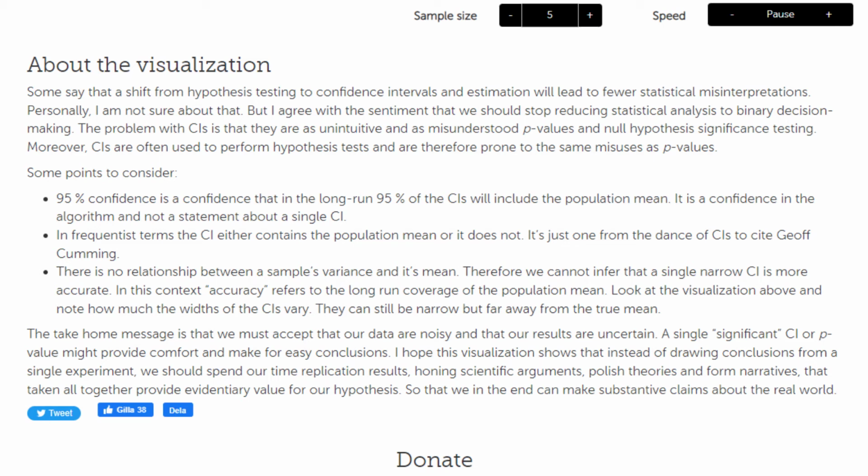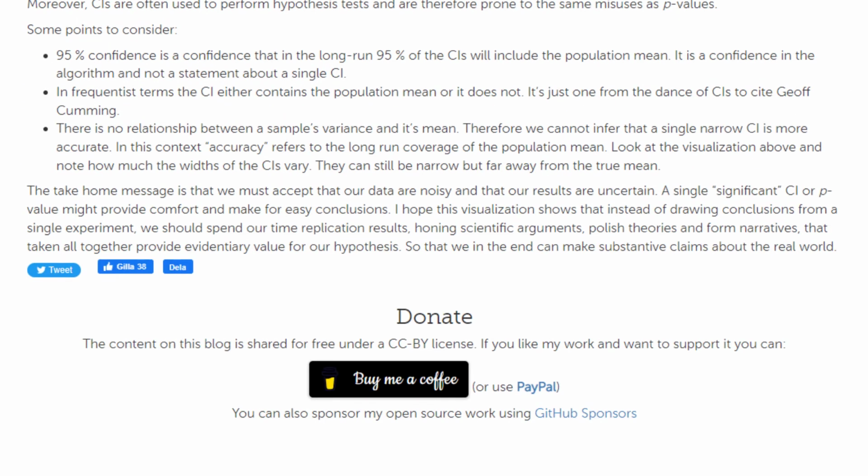The problem with confidence intervals is that they are as unintuitive and as misunderstood as p-values and null hypothesis significance testing. Moreover, confidence intervals are often used to perform hypothesis tests and are therefore prone to the same misuses as p-values. So that's just a word of caution, but there are 3 points that we should consider.